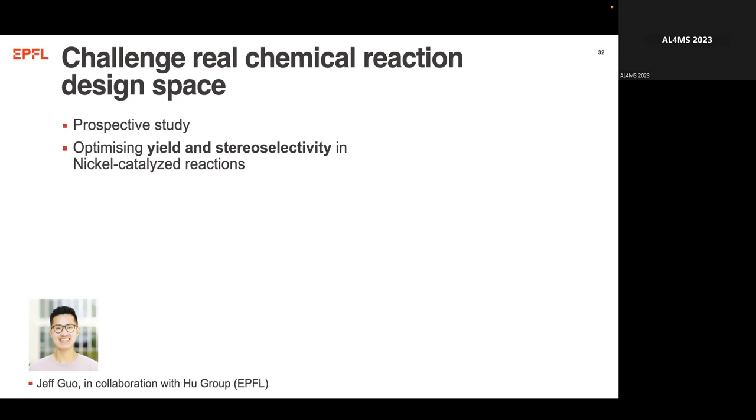But at some point, if we really want to show the value also in collaboration with experimental partners, I think the main thing there will not only be the machine learning approach that we have provided to do this reaction optimization, but probably the most interesting scientific outcome of such a collaboration will be the reaction that we have actually optimized. And there, I think it's fair not being able to compare with other baselines, because it's been used as a tool to accelerate discovery.